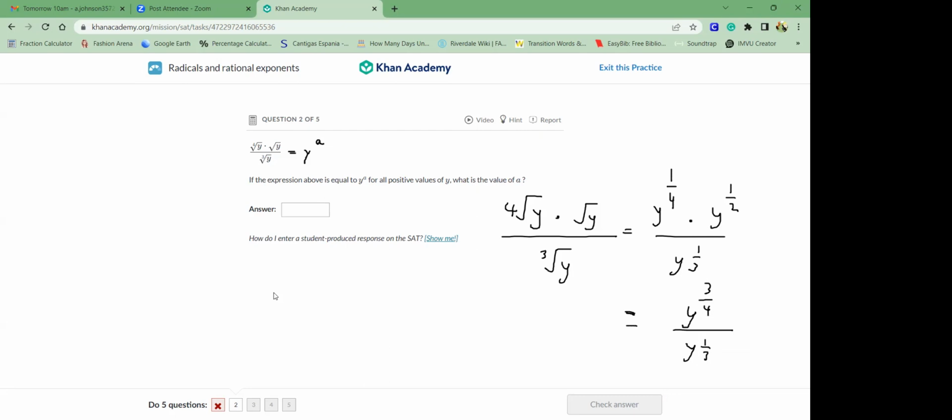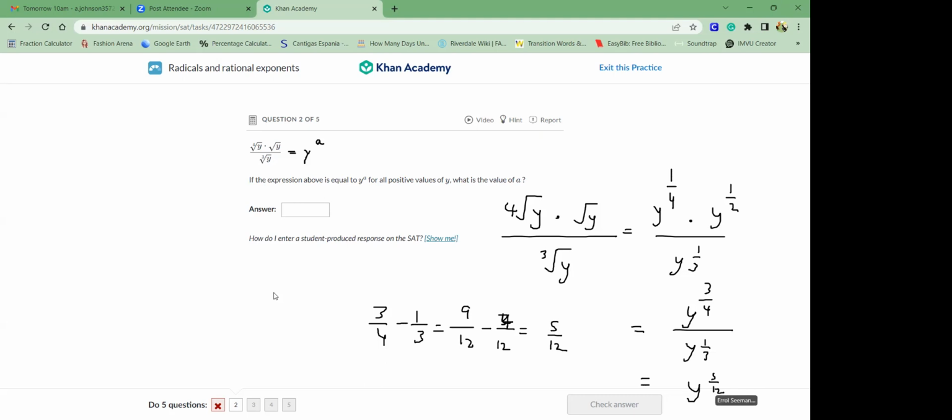What's 3/4 minus 1/3? Just change it to 12ths. This is 9/12 minus 4/12, which is 5/12. So y to the 5/12.